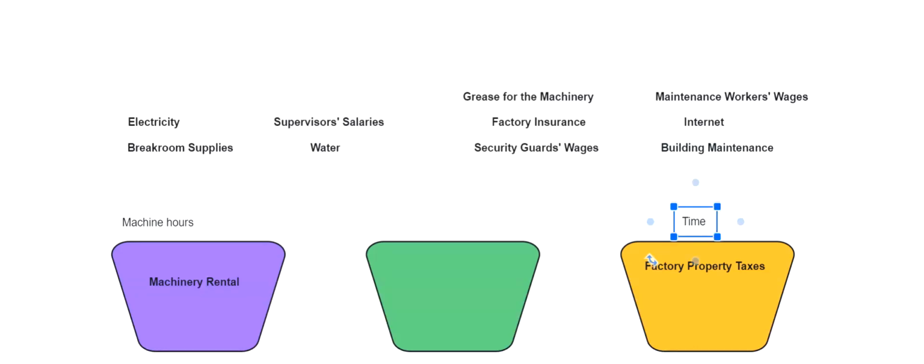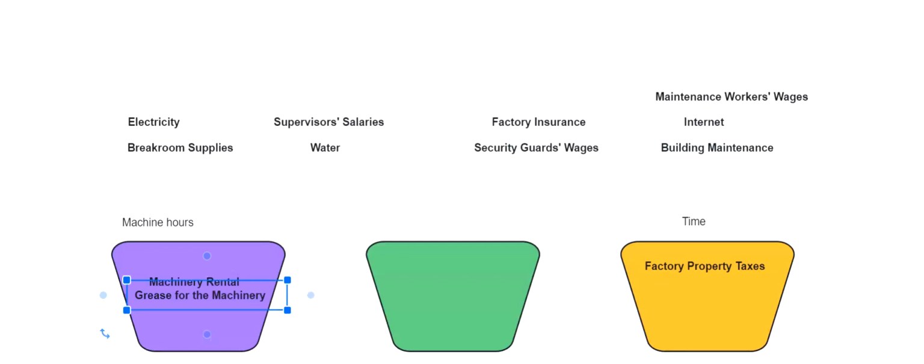All right, grease for the machinery. That's definitely an overhead cost. Oh, it's a variable cost too, whereas the property taxes and the machine rental were fixed. I'm guessing the more we run our machines, the more grease we'll need. So that's going to go over here in the purple bucket. All right, next, maintenance workers' wages.